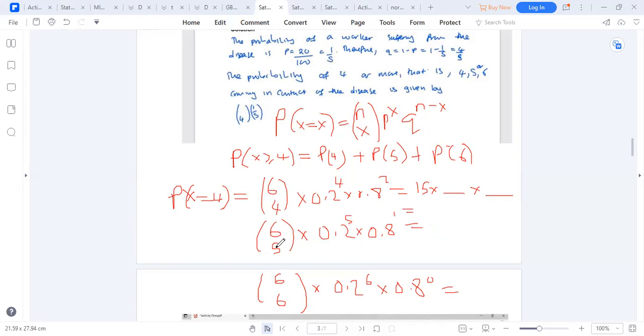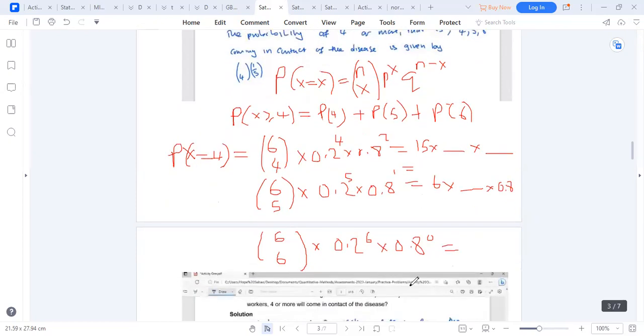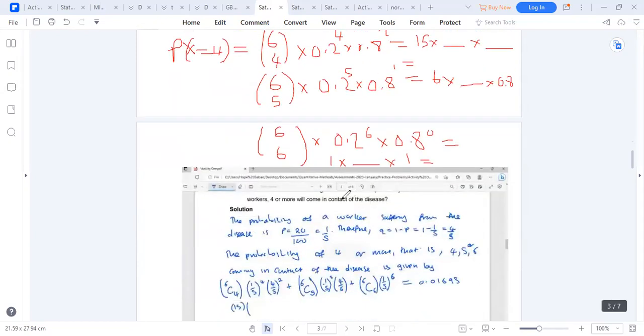So similarly, 6 combination 5 gives 6 times 0.2 to the power 5, you put your answer there, and 0.8 to the power 1 is 0.8. Then you compute all of them. Then 6 combination 6 we're going to get 1, 0.2 to the power 6, you put the answer there, 0.8 to the power 0, so 1. So you multiply all these, and you're going to find 3 answers that you're going to substitute now.